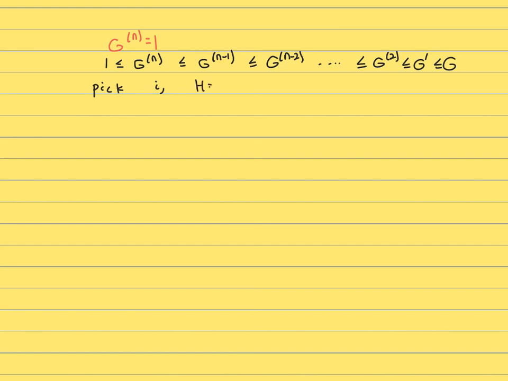We'll let H be G to the i to illustrate this. The point is H prime has the property that H modulo H prime is abelian. In our terminology, that means G to the i modulo G to the i plus 1 is abelian.